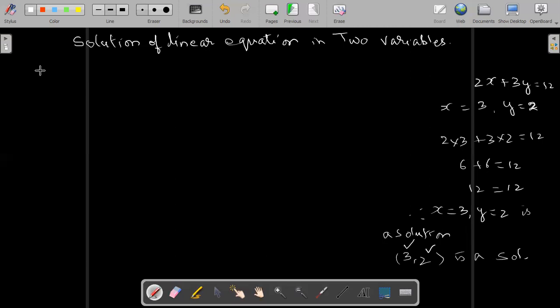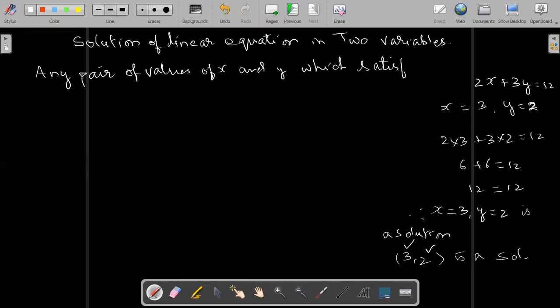So how can we write the definition? Any pair of values of x and y which satisfies the equation ax plus by plus c is equal to 0 is called its solution.